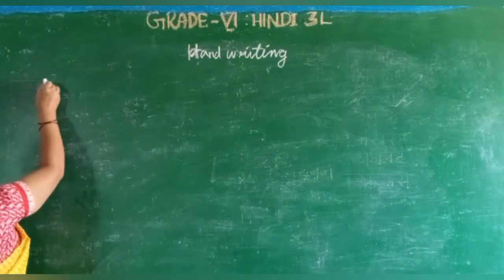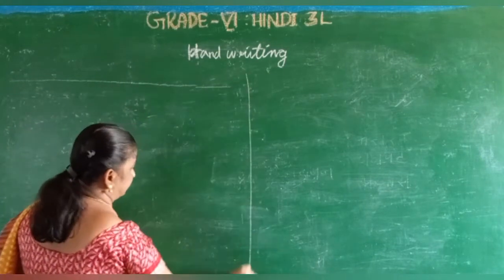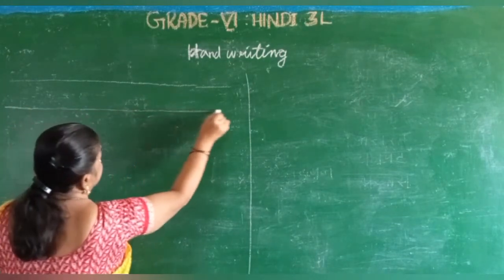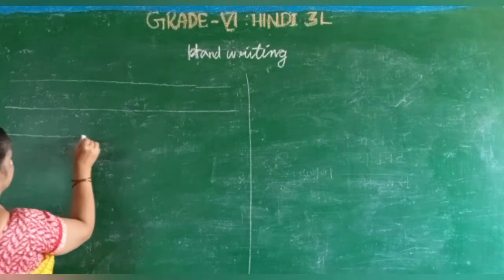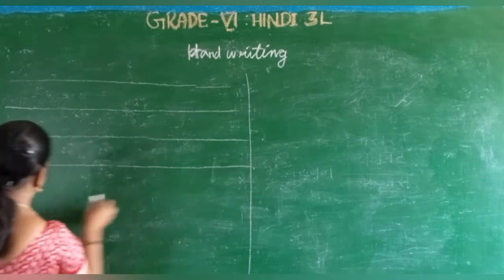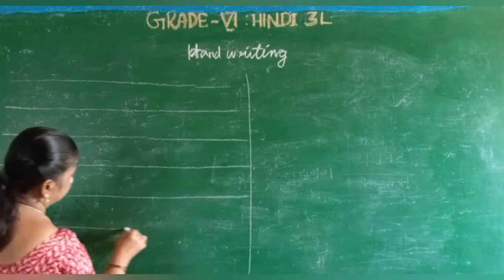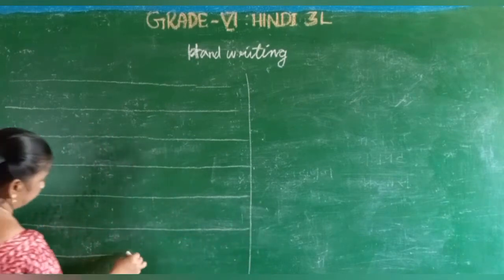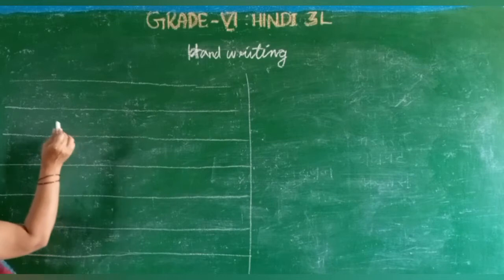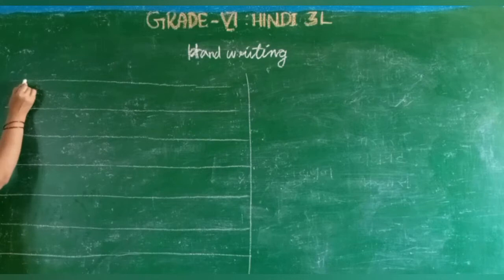See, this is your ruled line note. Like your note, when you keep the finger below the line or above the line, you start below the line.